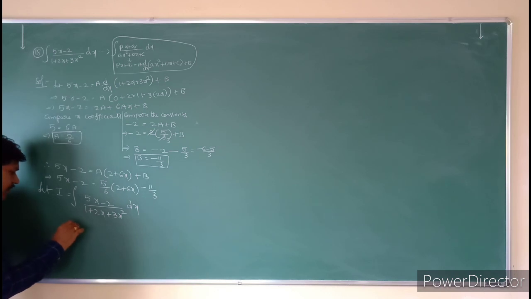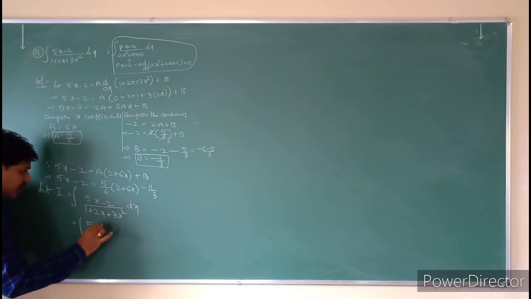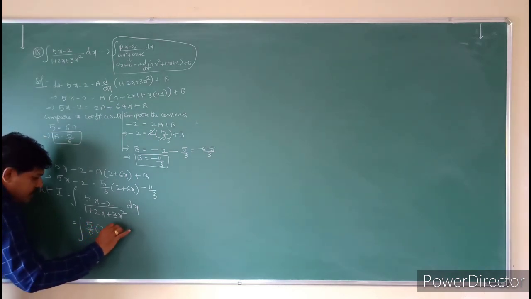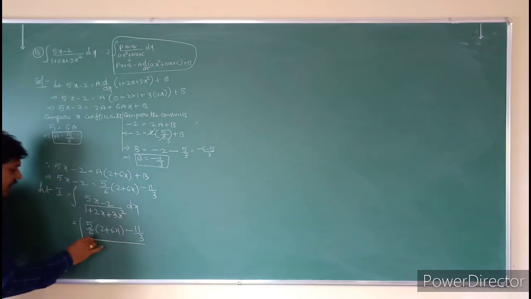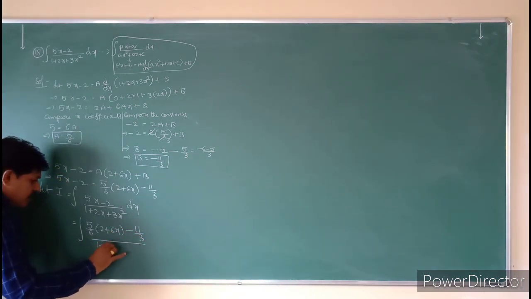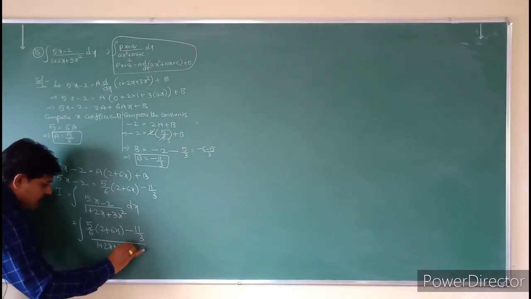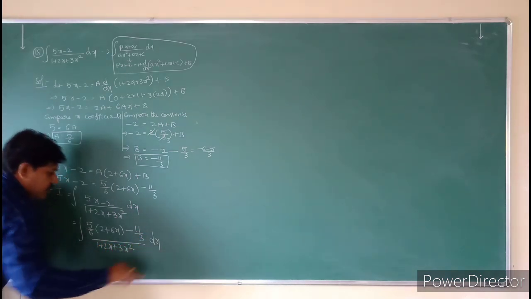This can be written as the integral of 5x minus 2, which we can write as 5 by 6 into 2 plus 6x minus 11 by 3, by 1 plus 2x plus 3x square into dx.